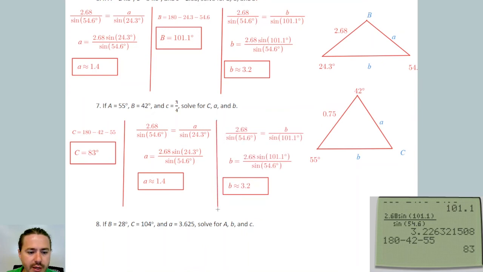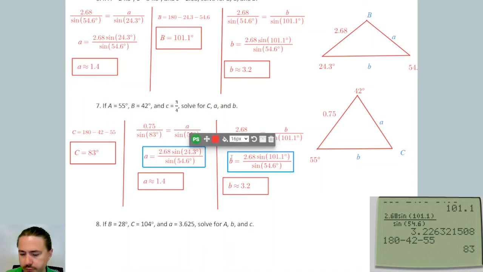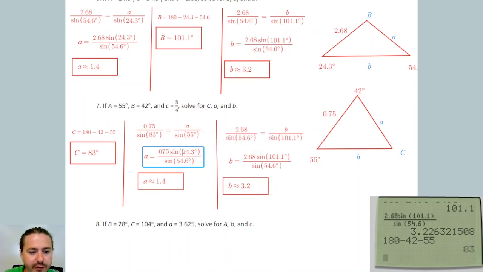So we're going to start with side C, which was given as 0.75 or 3/4. And the angle measure that we just found was 83 degrees. And side A is unknown, but the angle A is 55. So we're going to do 0.75 times the sine of 55 divided by the sine of 83.